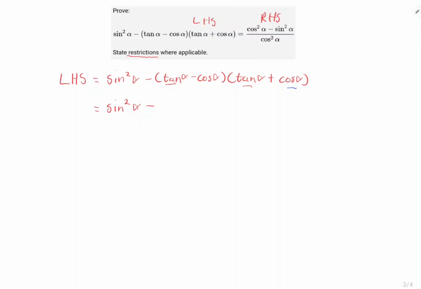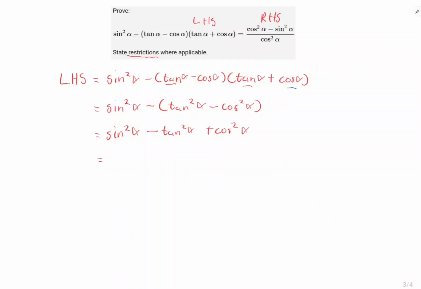So first by first is tan angle times tan angle, which is tan squared angle, minus cos angle multiplied by positive cos angle, which is minus cos squared angle. And so we go ahead and simplify this. Multiplying the negative inside the bracket, we get negative tan squared angle positive cos squared angle.